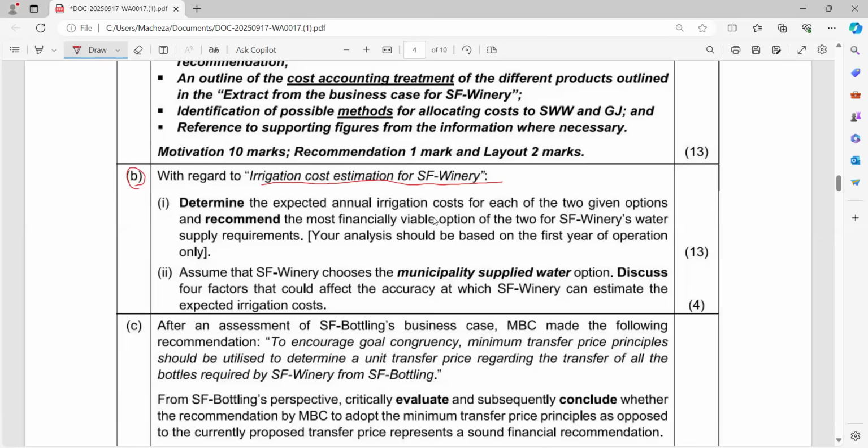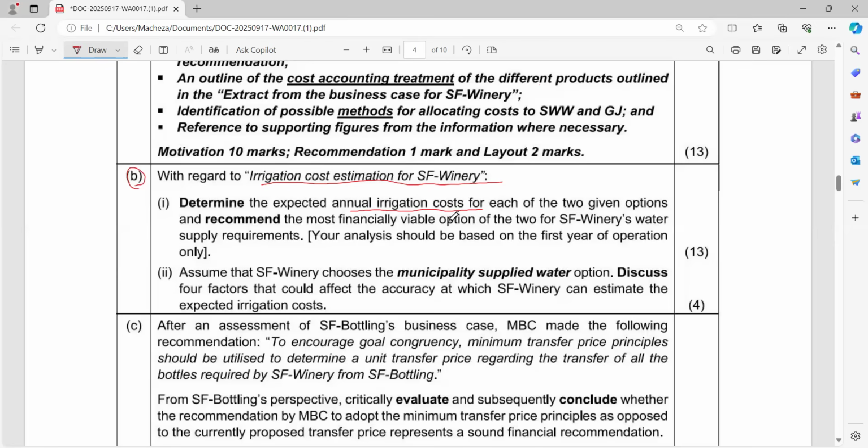So we need to first have the annual irrigation cost for each. Then when we have the cost for each, we recommend.